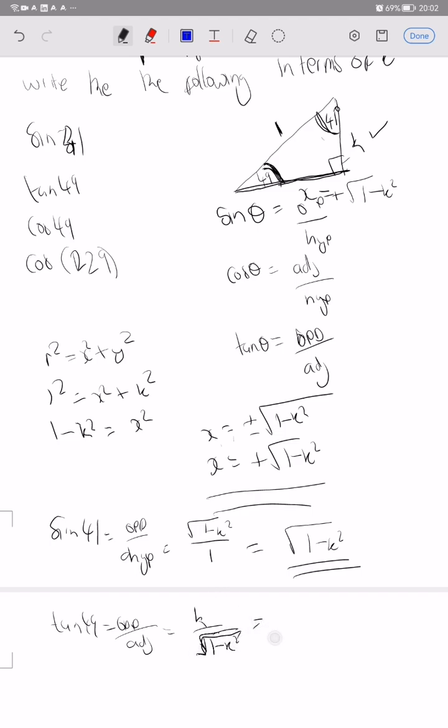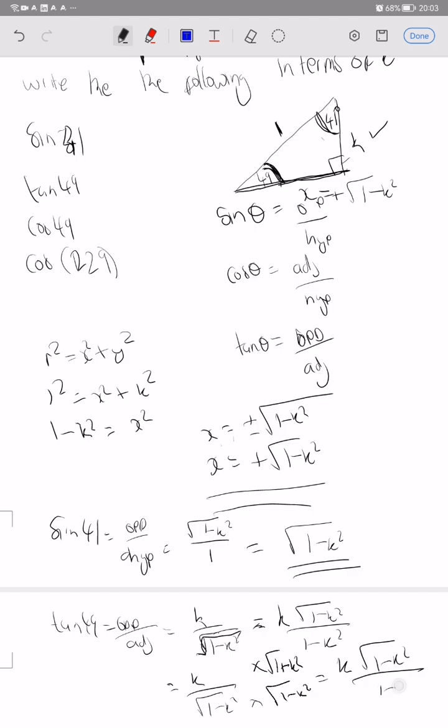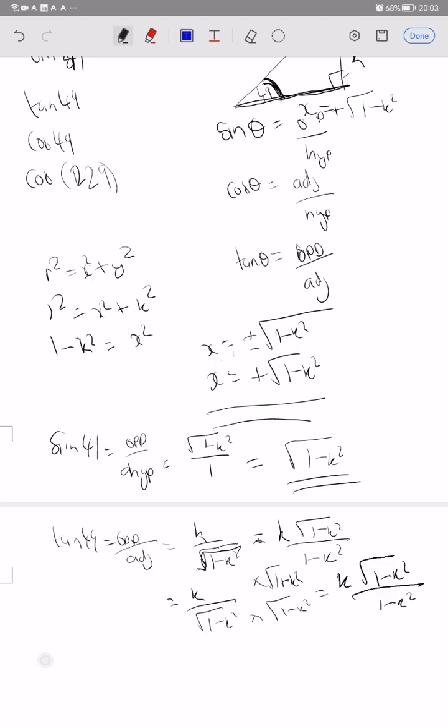Sometimes you'll be required to simplify, so you rationalize: you multiply by the denominator, the square root of 1 minus k squared. When you simplify it, it's k times the square root of 1 minus k squared over 1 minus k squared.